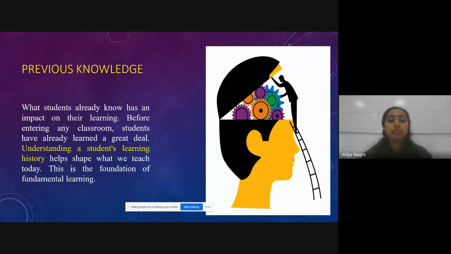The previous knowledge of a student is something that can also hamper their learning. So a teacher must know the history of their learning. For example, if you are going to teach class 2 mathematics, or the English language, then you must know if the child is well aware of the alphabets in English, so you can go to the further stage.